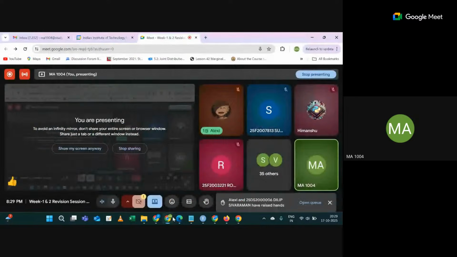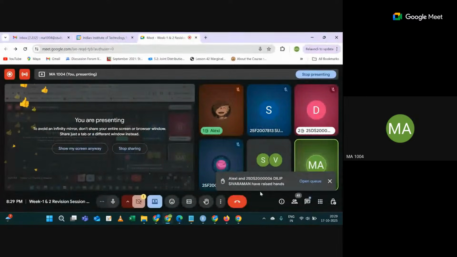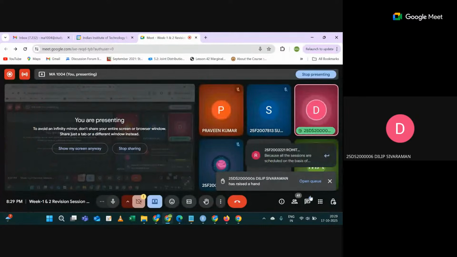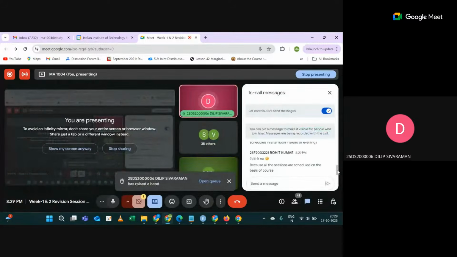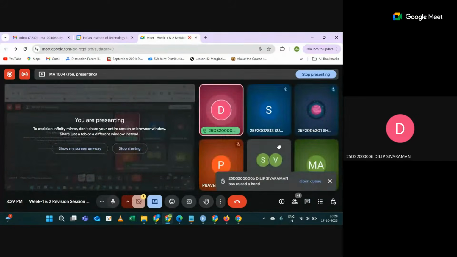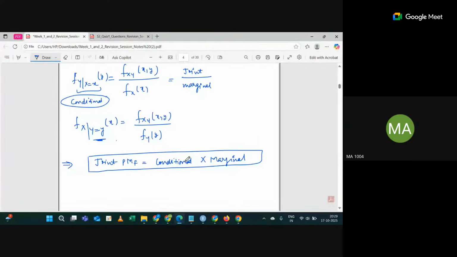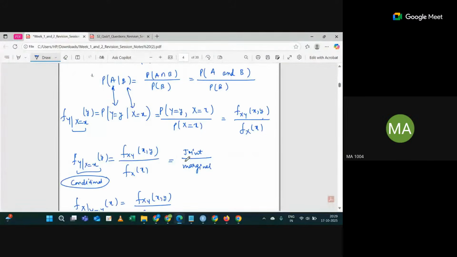Any doubt? I had a question. Unless the random variables are independent, we'll need this formula to calculate the joint PMF, right? Correct.